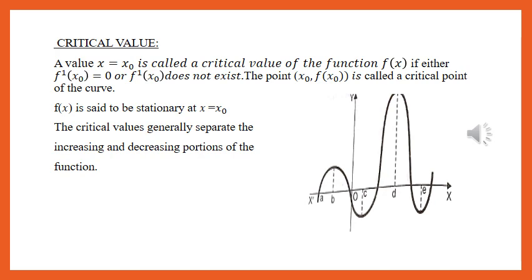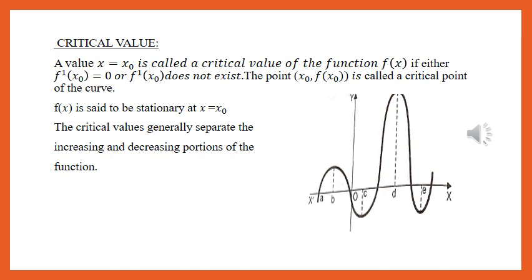The derivative of a function at a certain number may be 0. Then that number is called a critical value. Or sometimes f dash x naught doesn't exist. Then also we say x naught is a critical value.